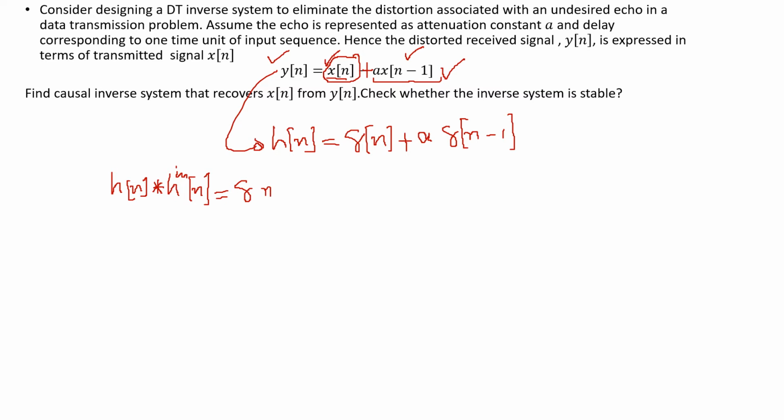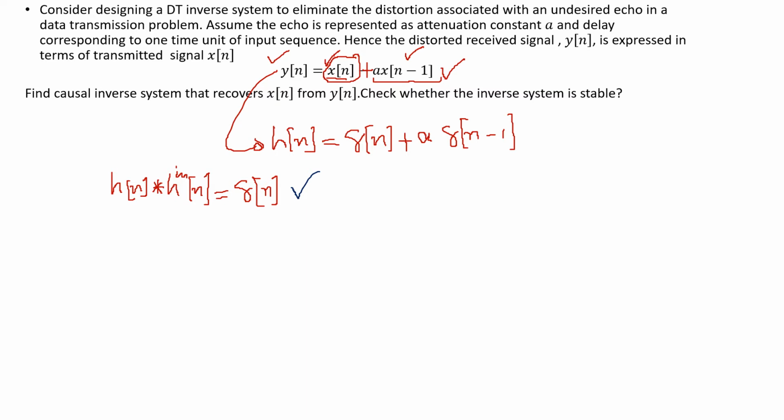We did this already when we were talking about inverse systems: if we cascade them in series, whatever we have at the input we get at the output. So the condition for the systems to be inverse is that the convolution of their impulse responses results in the impulse. If this is the case, then we say the two systems are inverse of each other. So now let's use this logic and proceed with it.